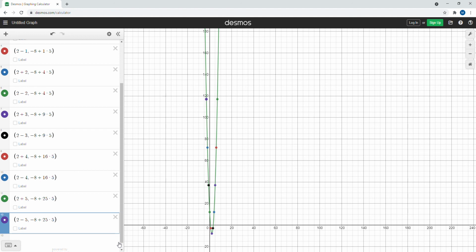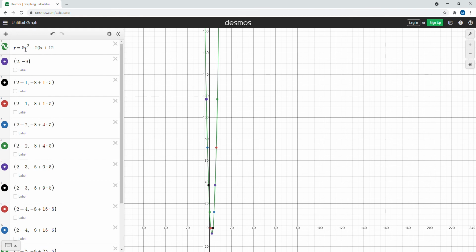So what we need to do beyond that point then is we need to multiply each of those values that we added to the y-coordinate by the leading coefficient. And again, the leading coefficient in our parabola was 5. So we multiplied each of those numbers that we added to the y-coordinate by 5.